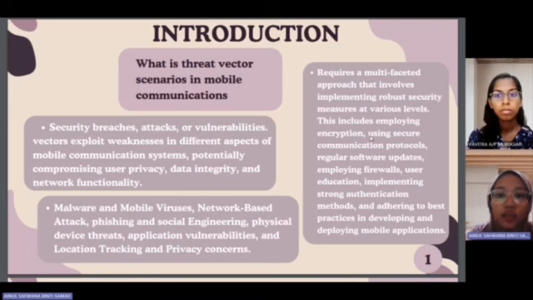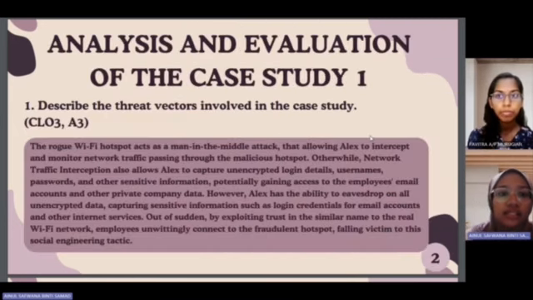And next, I would like to present the analysis and evaluation of case study 1. On the first question, we would like to describe the threat vectors involved in the case study.